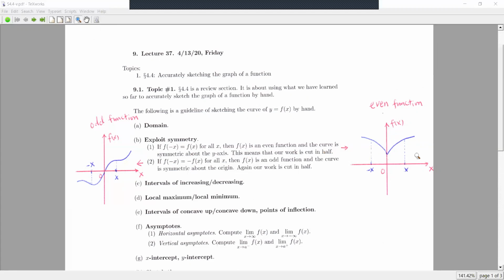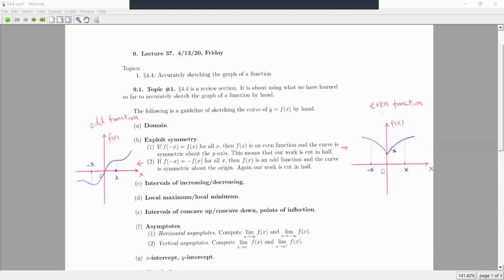If a function is an even function, then our work to sketch its graph can be cut in half, because we just need to focus on sketching the graph of the function on the right half plane.